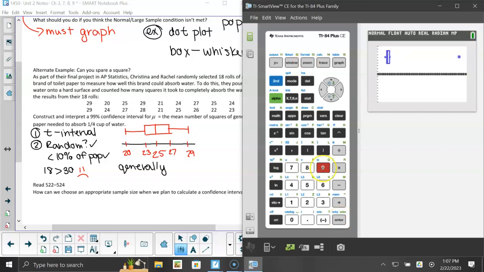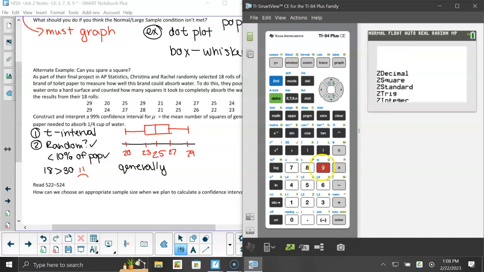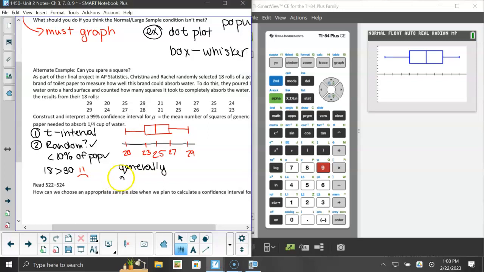Zoom. See how it shrinks up and now I got that dot? That's when I know it ain't normal. Now I gotta delete that. We haven't gotten to that yet. All right, so generally normal. We are going to proceed with caution.